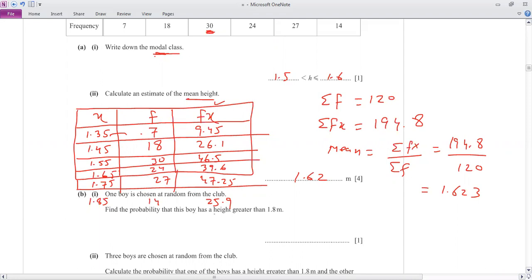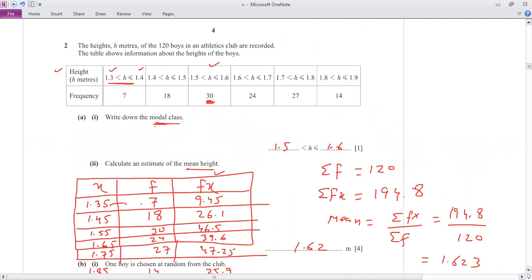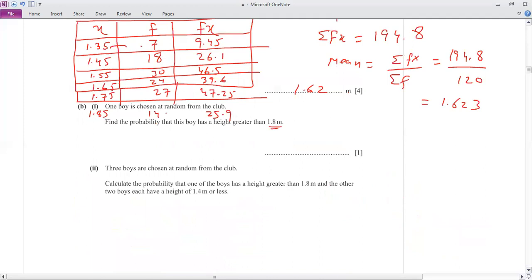Find the probability that this boy has a height greater than 1.8 meters. How many boys have height greater than 1.8? 14 boys. So it will be 14 over 120. If you want to, you can simplify, otherwise leave it as it is.